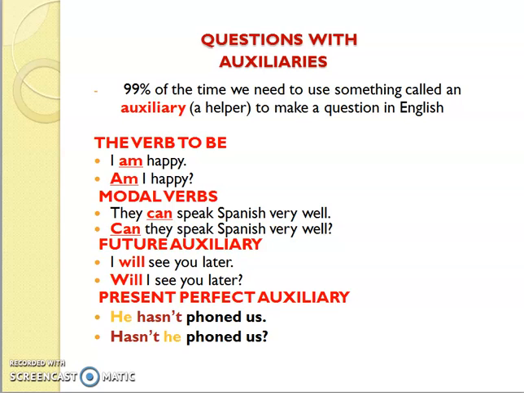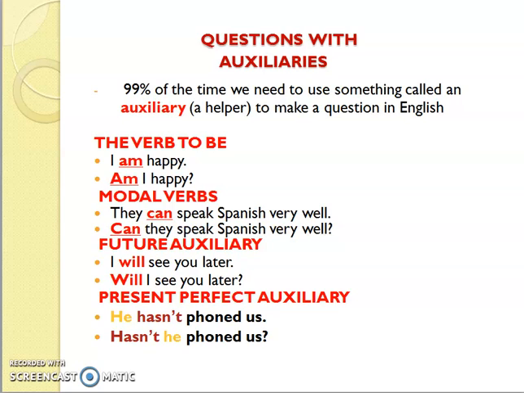Questions with auxiliaries. 99% of the time we need to use something called an auxiliary, a helper, to make a question in English. The verb to be, for example. I am happy. As you can see in this declarative sentence, we use the present simple tense of the verb to be, the am form, for the first person singular.